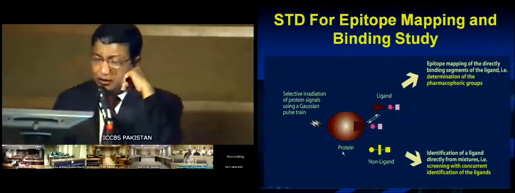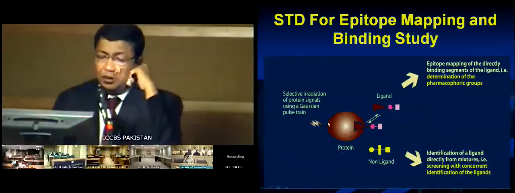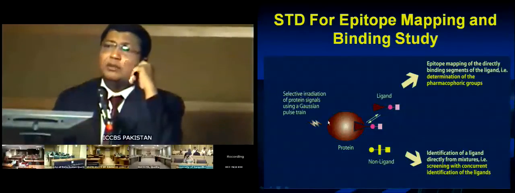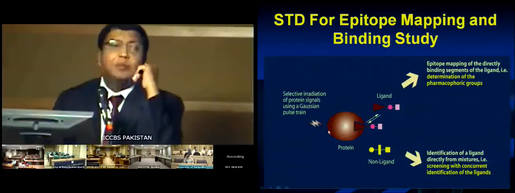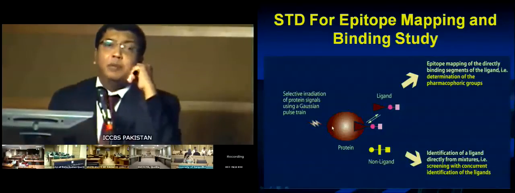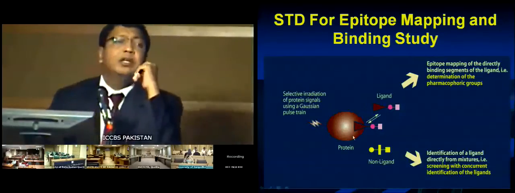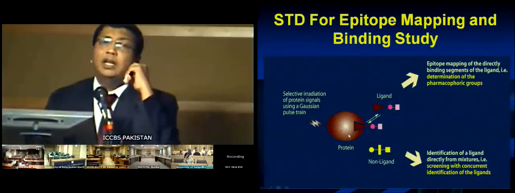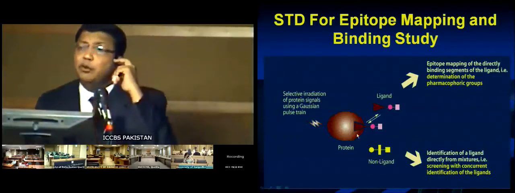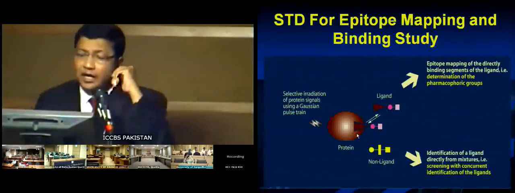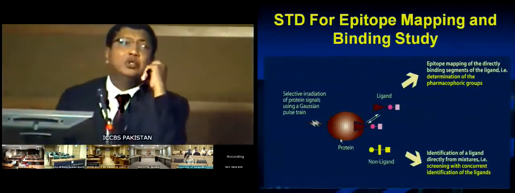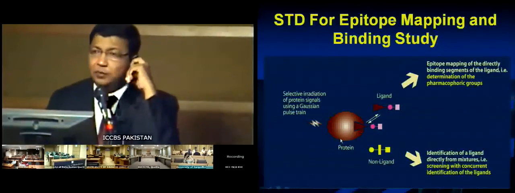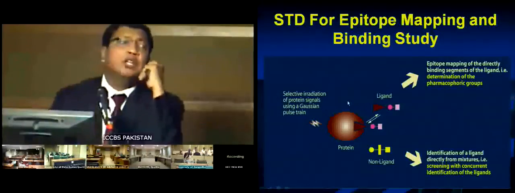What will happen is that this energy which is given to certain protons of the protein will propagate in the whole protein by a phenomenon called spin diffusion. The energy would not remain in those protons, but in fact would propagate in the whole protein.